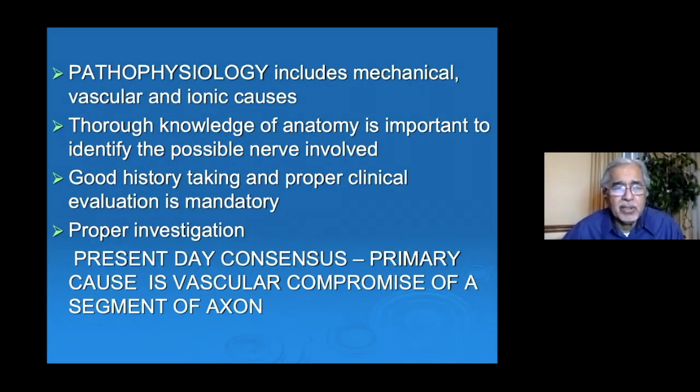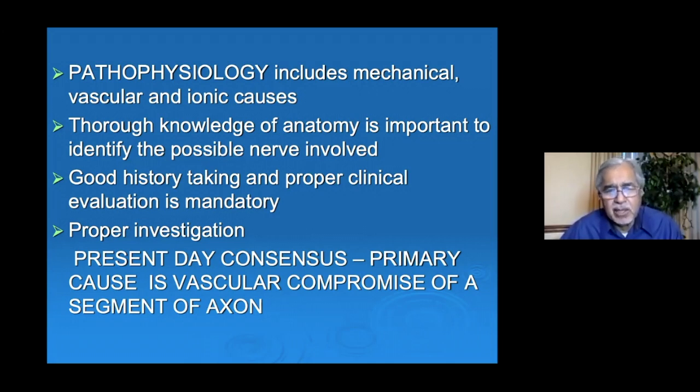On an average, the simple thought process of compression neuropathy is that it's either mechanical, vascular, or ionic causes, and also one has to have a comprehensive, thorough knowledge of anatomy to figure out what nerve is involved.